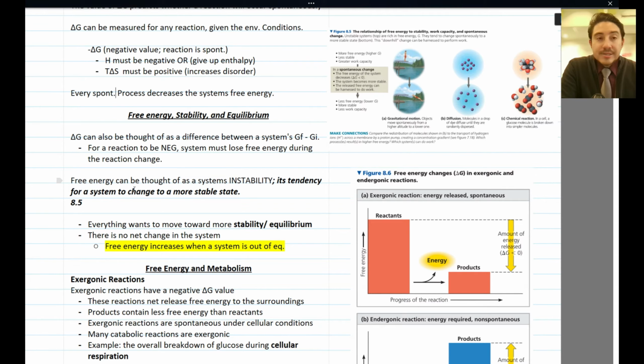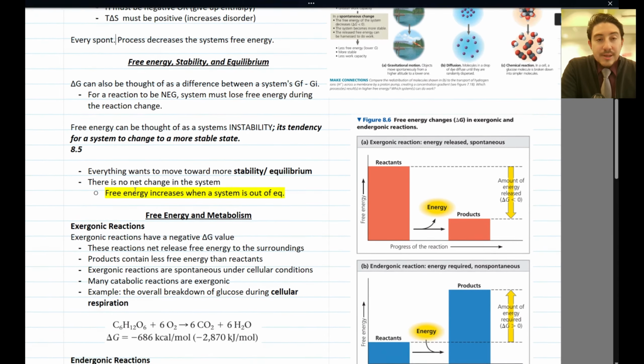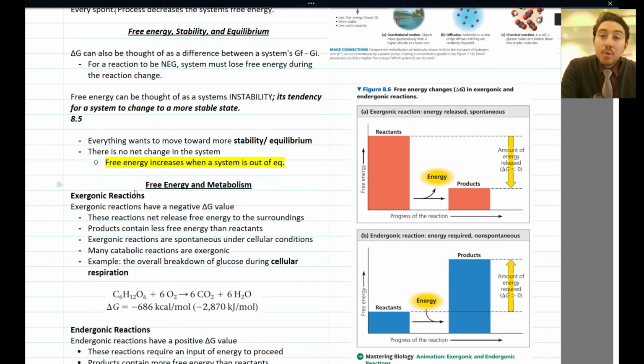And again, for delta G to be negative, the system must lose free energy as the reaction is progressing forward. You can think about free energy as a system's instability, or its tendency to change to a more stable state.